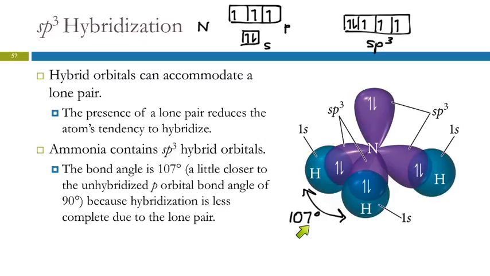Valence bond theory explains this because it says this angle is going to be a little bit closer to unhybridized p orbitals, which would be 90 degrees, because the hybridization is not complete. It's mostly, but not all the way there, because this pair of electrons there reduces the amount of hybridization. That's one of the finer points. If you missed that, that's okay.